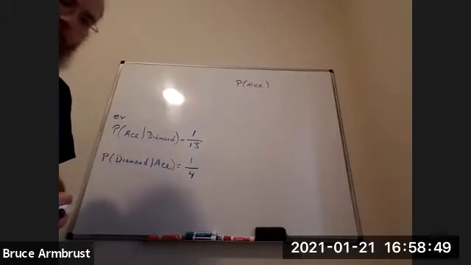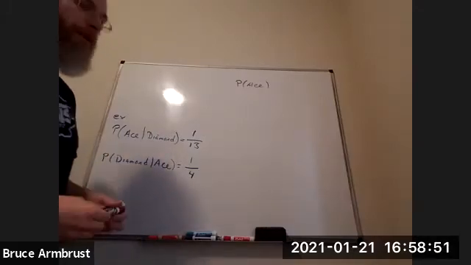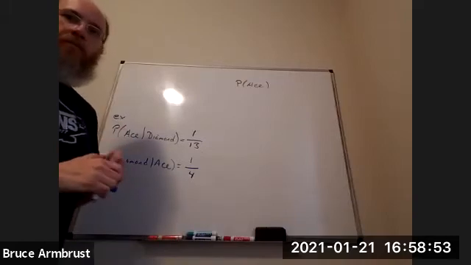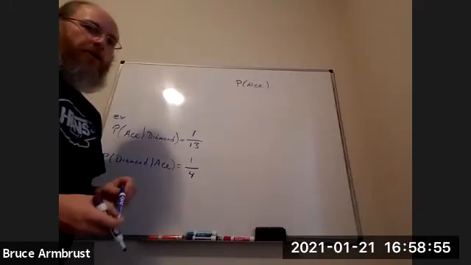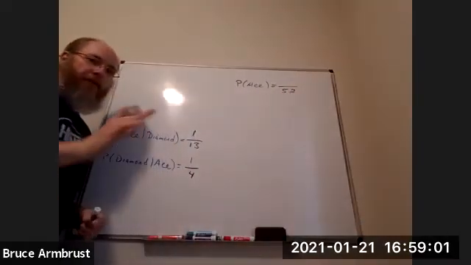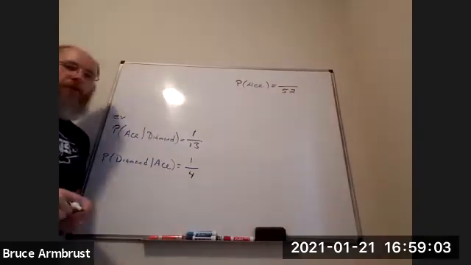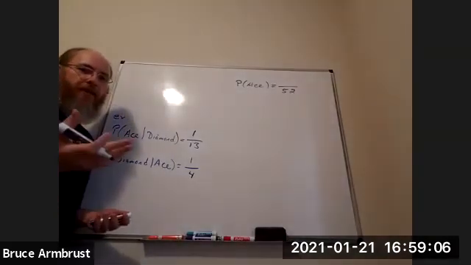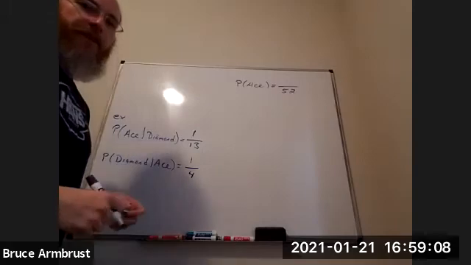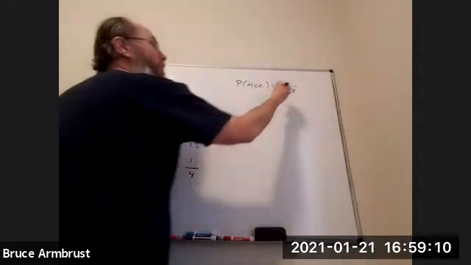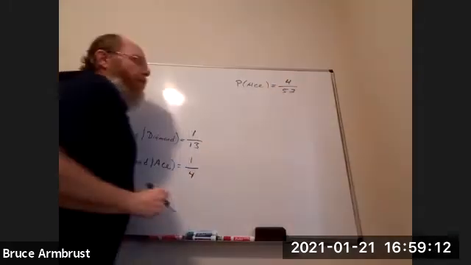What number goes on the bottom here? How many cards in the deck? 52, in the standard deck, if we don't have jokers or aren't playing pinochle. And how many aces? I already saw Bruno gave us the probability there. There's 4, so it's 4 out of 52.